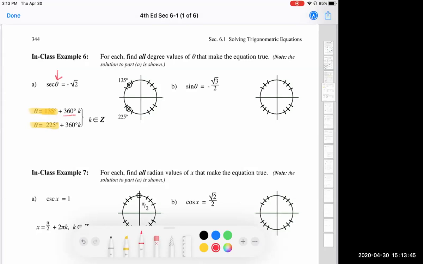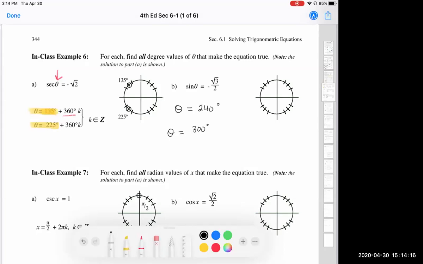Okay, let's go ahead and do B. So when is sine negative square root of 3 over 2? Sine is negative square root of 3 over 2 in quadrants 3 and 4. And so theta is equal to 240 and also 300.